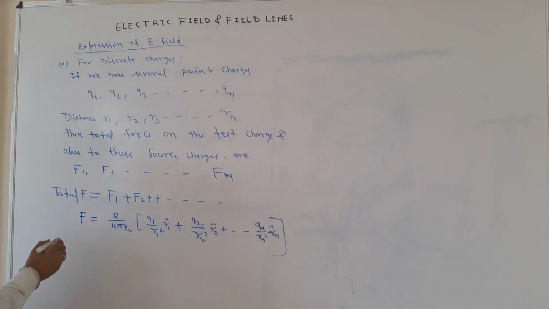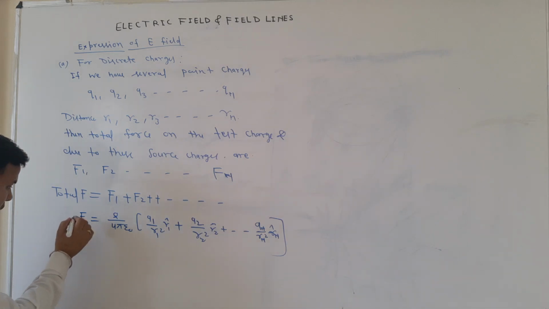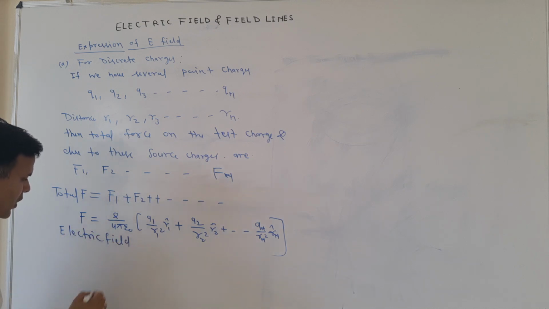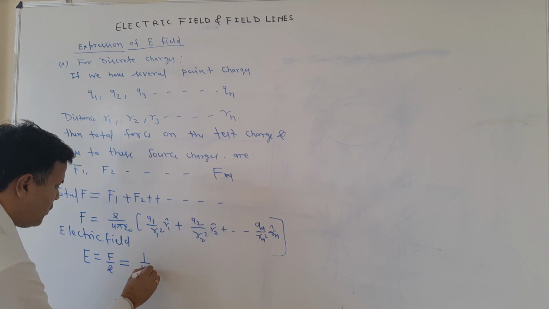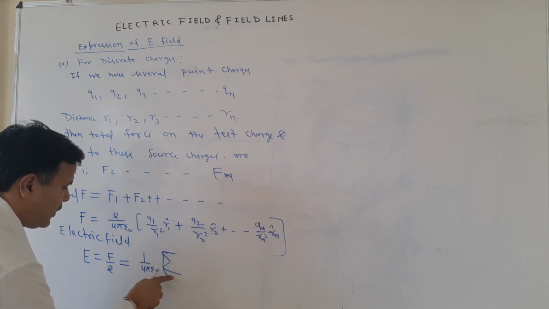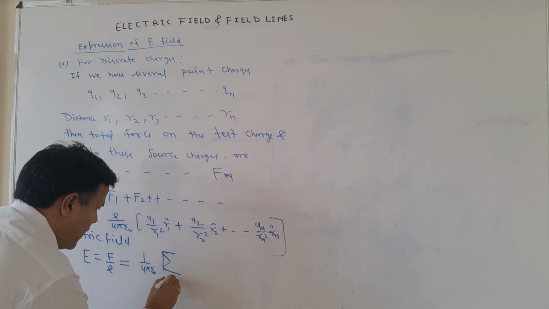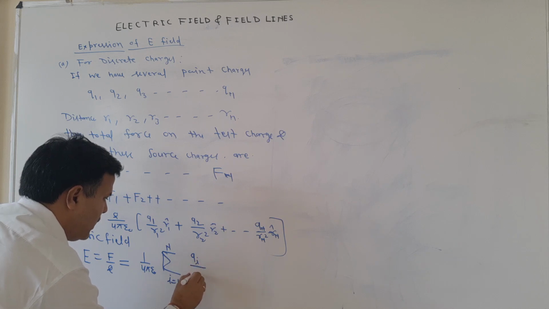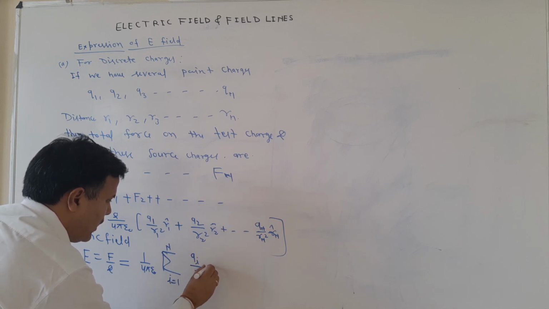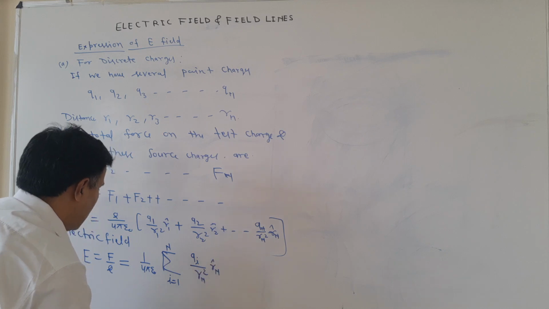So what is electric field? Electric field is E equals F by Q, which is 1 upon 4 pi epsilon 0 summation i equals 1 to n Qi by Ri square Ri cap.